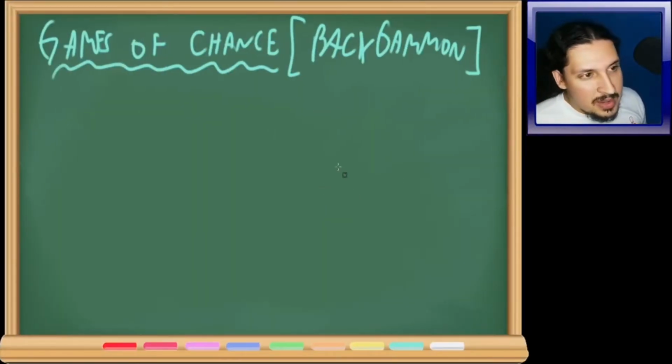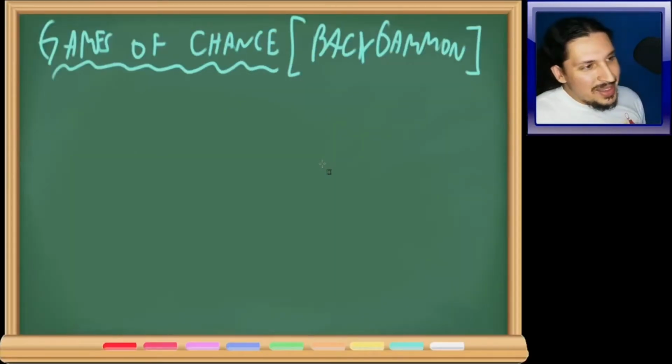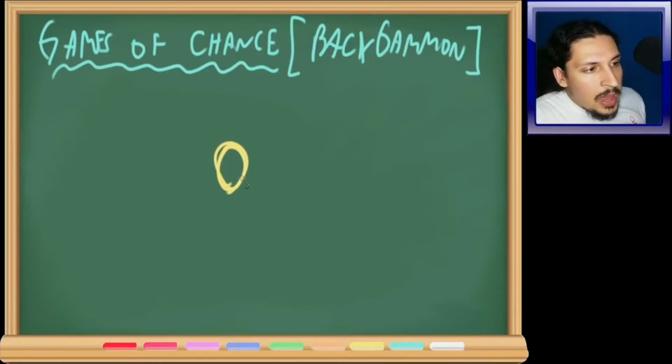Unlike other kinds of games where there is not complete information. We will only see games with complete information. Okay, so what would be a game of chance? Well, it's just like these examples, but there might be extra nodes. Let's put them in yellow. There might be special yellow nodes, which are not one player nor the other. They are like the world, the universe, or the dice, let's say.